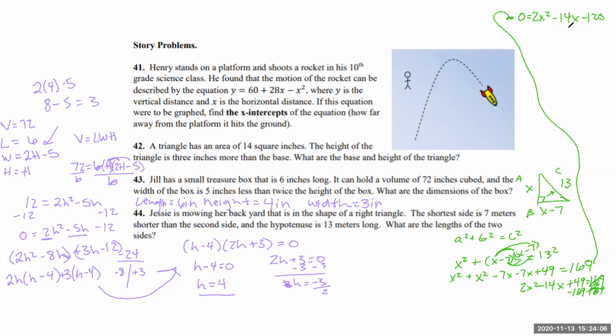So I don't want to leave it like this because it's a lot easier if the a would be 1, which in this case, we can actually divide by 2 on everything, and we can make it more simple for ourselves. So if we bring a 2 out of all of these terms, we're going to be left with x squared minus 7x, and then it will be negative 60. Okay, so now we just have to find 2 factors of negative 60 that are going to add up to negative 7.